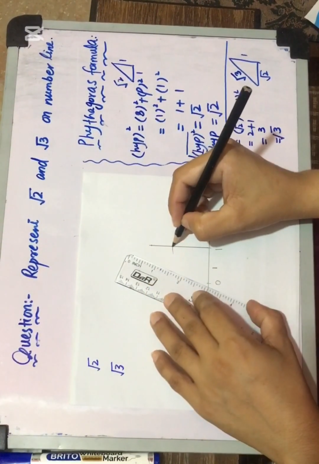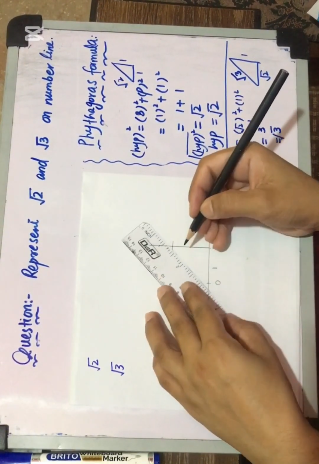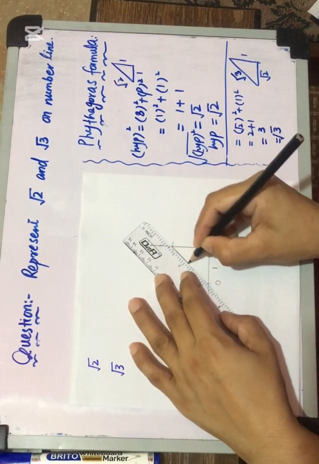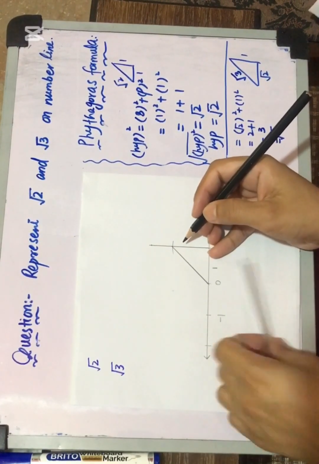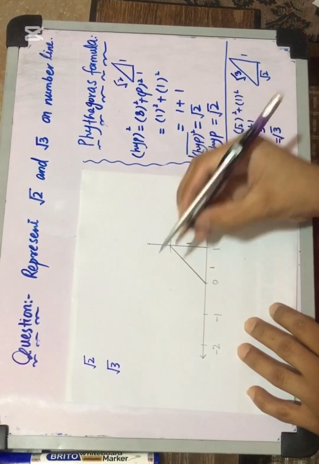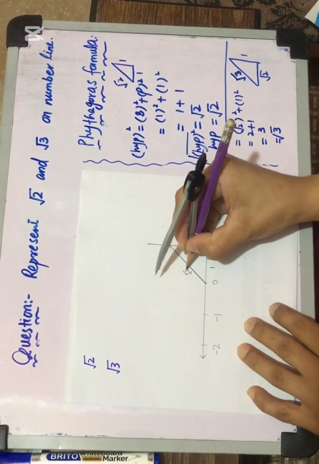Which points? This point and the 0 point. This will be the hypotenuse, and it will definitely be square root 2. Okay, this is 1 and this will be square root 2.